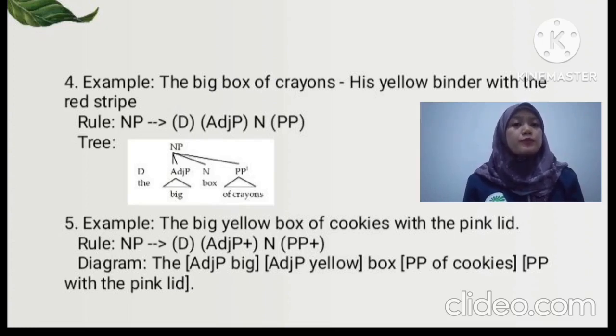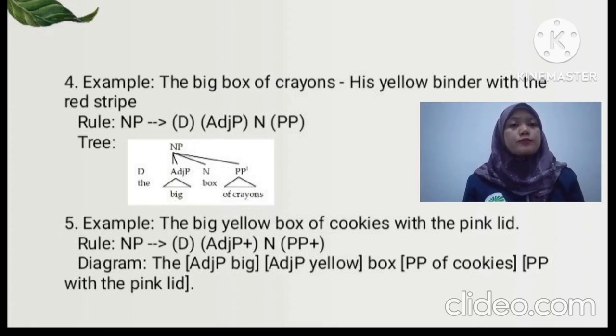For example, the big box of crayons is a noun phrase where the is the determiner, big is the adjective, box is the noun, and of crayons is the prepositional phrase. The next rule of the noun phrase indicates that the noun phrase can consist of an optional determiner followed by one or more optional adjective phrases, then the noun, and finally one or more prepositional phrases.